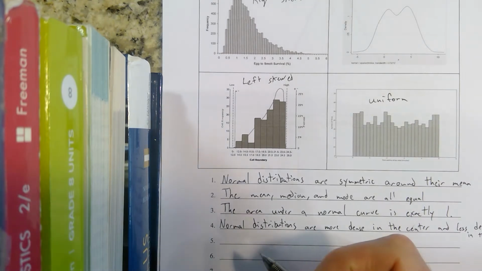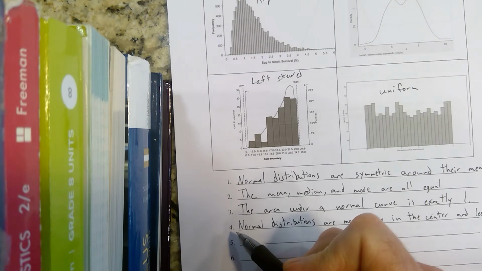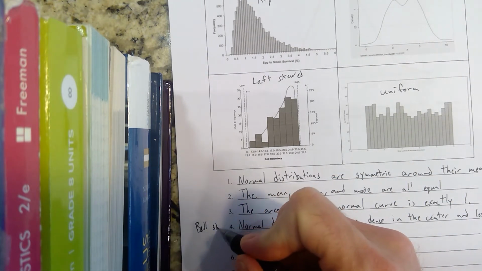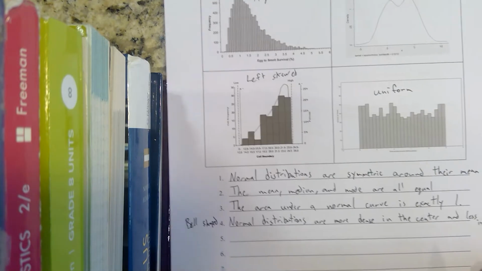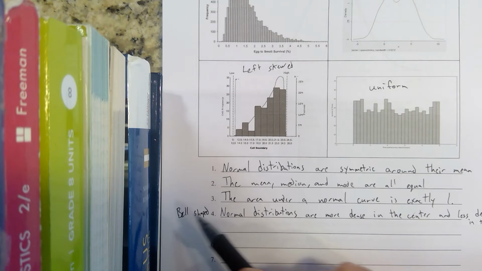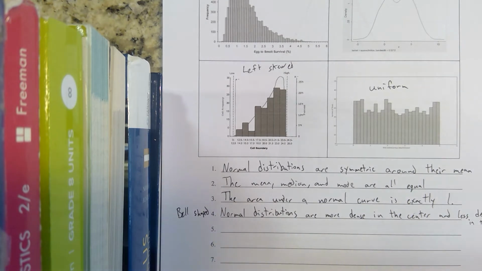Another way to describe this more succinctly, people say they are bell-shaped. You may have even heard people say a bell curve. A bell curve is just a way of describing the shape of the normal distribution. It looks like a bell.